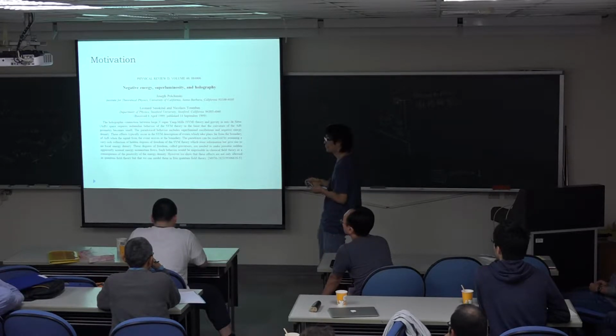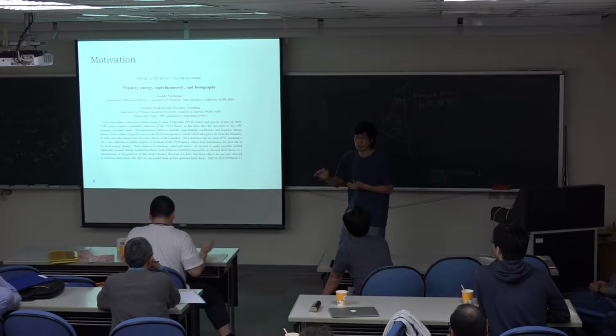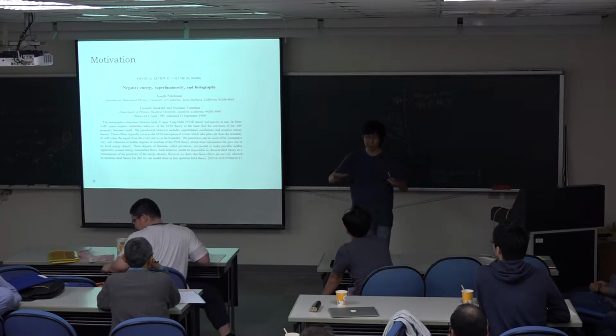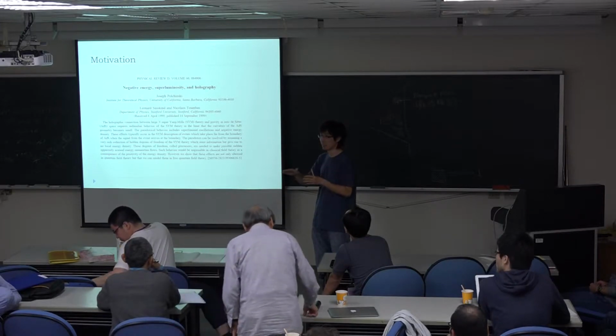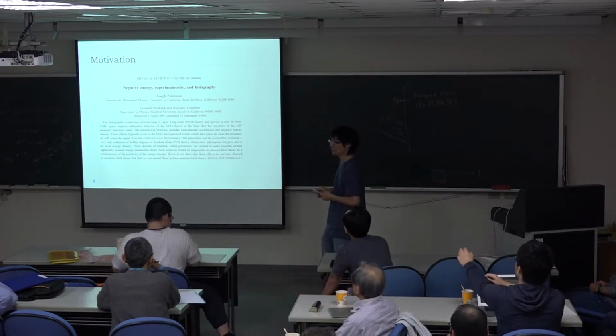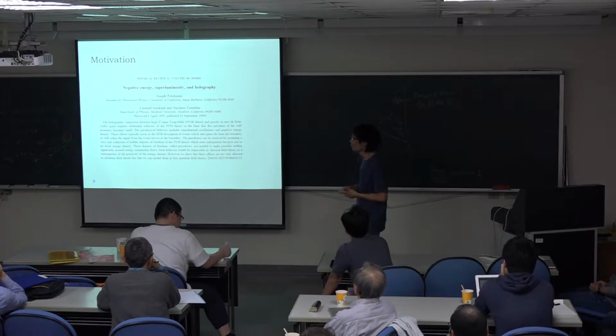What they found is that in general, the energy density is negative. They also found that the energy density is spread out on the boundary faster than the speed of light. That looked very strange from the field theory point of view.